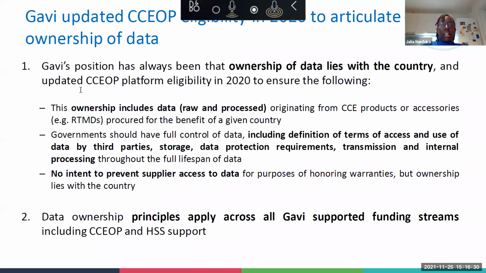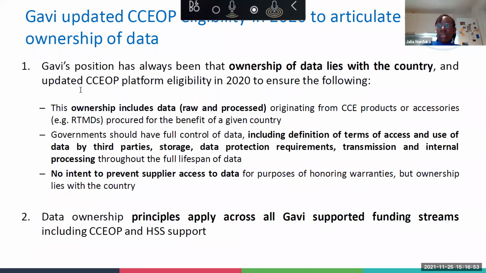GAVI's position is that countries actually do own this data. In terms of ownership, we're looking at them being able to define who has access to the data, which third parties can use the data, how it is stored, how it is transmitted, and also how it is used within the different stakeholders.